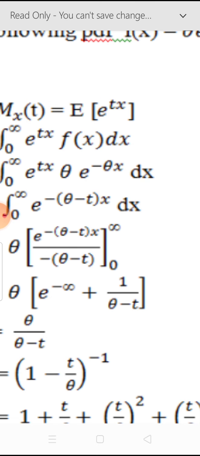Applying the limits, upper limit minus lower limit, you replace x by infinity, you will get e power minus of theta minus t into infinity. Theta minus t into infinity is infinity, so finally you will get minus infinity.